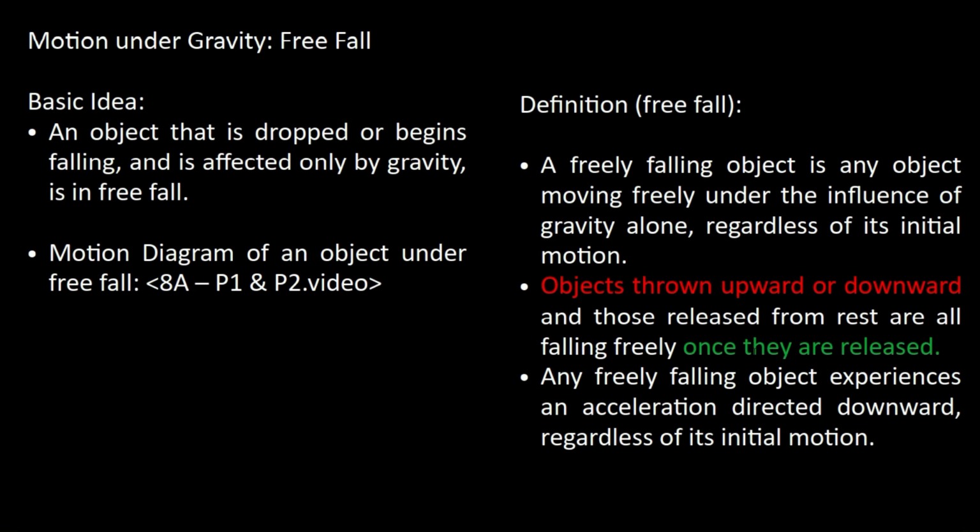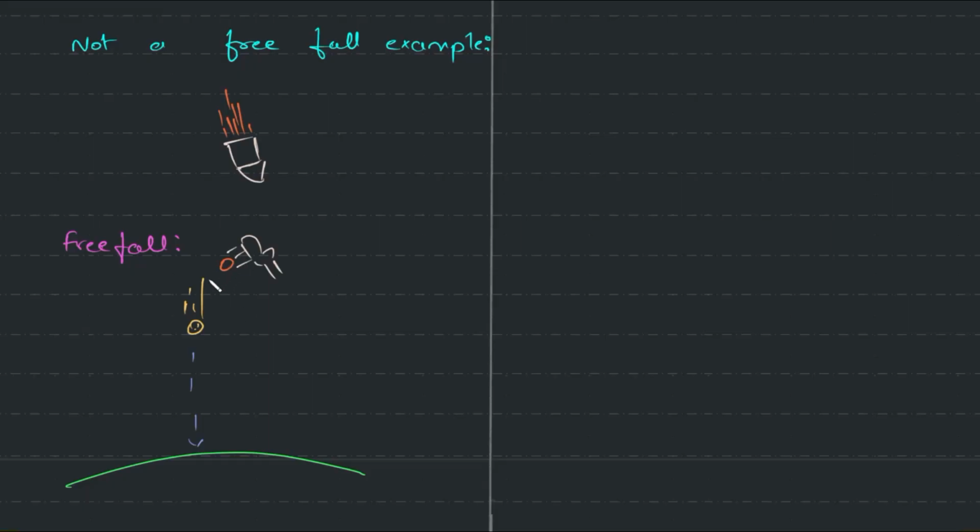Any free falling object experiences an acceleration directed downwards, regardless of its initial motion. So even though I threw it a bit sideways, after a certain distance is traveled, it will fall towards the center of the gravity.